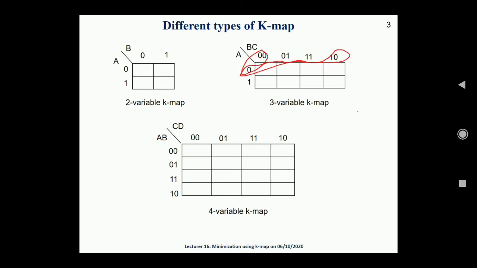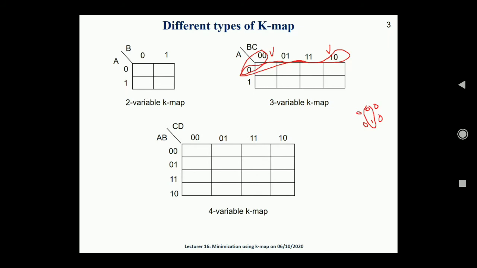See here, 0, 0, 0, and the next one is what? 0, 1, 0. So I'm talking about the last cell and the first cell. How many variables are different? Only one variable. So that is also satisfied. That means the last and the first group also we can combine.